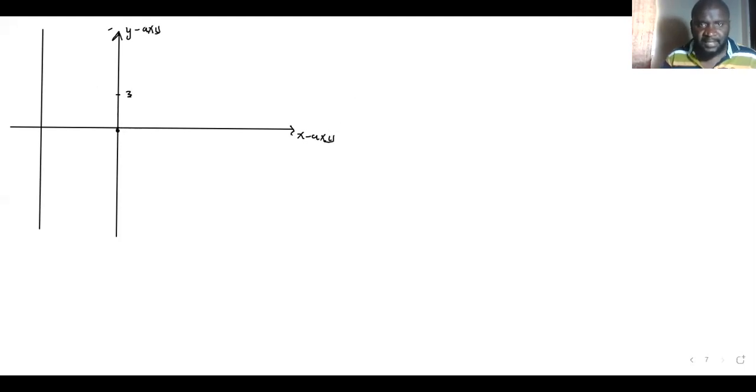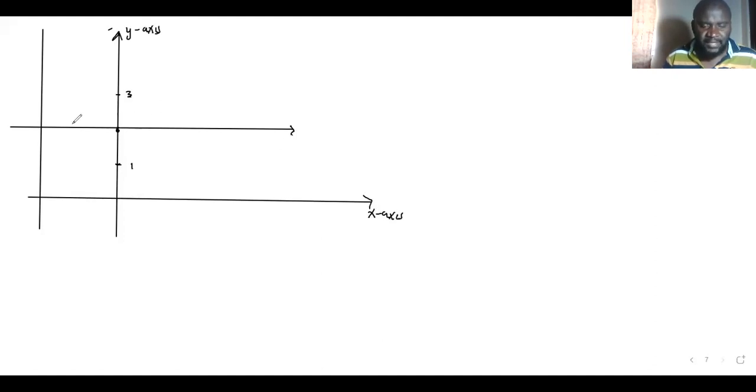Actually, this is not the x-axis. This is just the axis of symmetry. So if this is where the origin is, the origin now can be down. The origin is down. This becomes my x-axis.